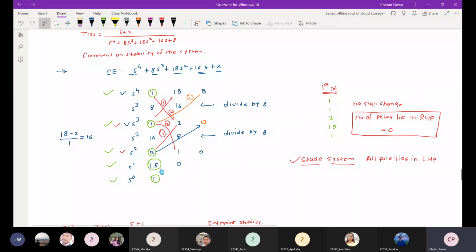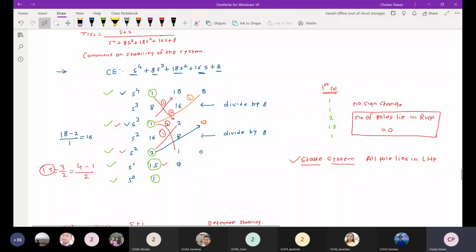So this term will be 2 into 4 minus 1, divided by 2, that is 3 by 2, equal to 1.5. To find the second term, we multiply 2 with 0 minus 0 into 1, so that will be 0 only, so we put 0 here.